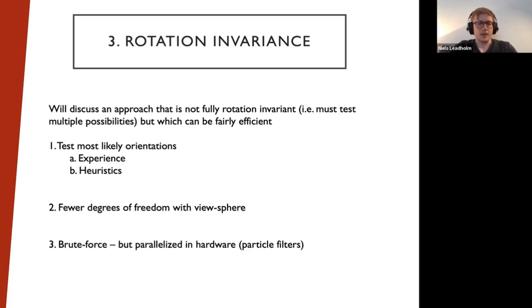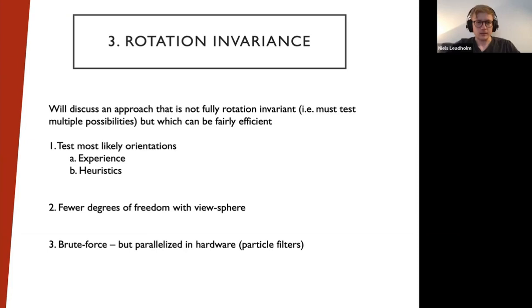So for rotation invariance, the general approach that I'm describing isn't fully rotation invariant, in the sense that you have to test multiple possibilities in order to arrive at a solution. It doesn't automatically handle rotation invariance perfectly.